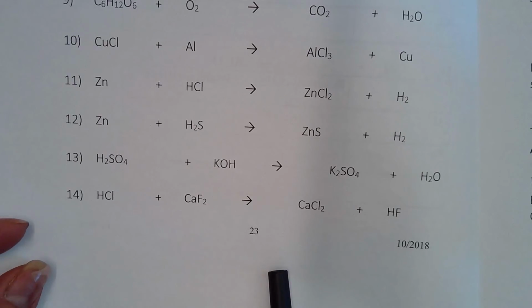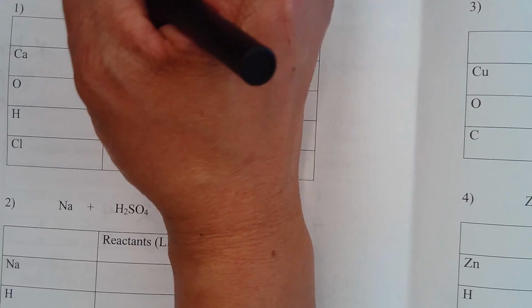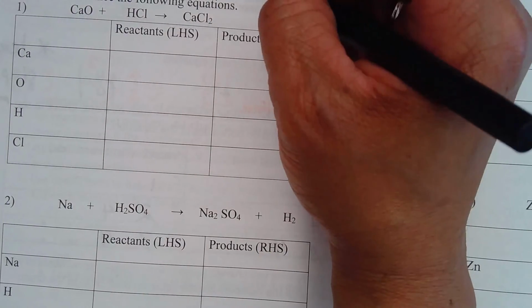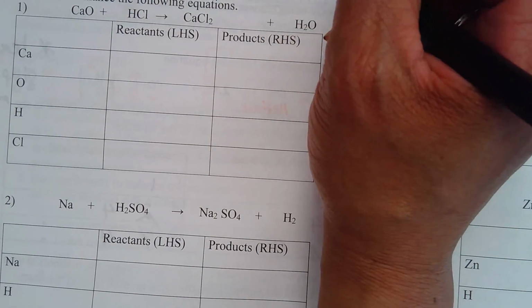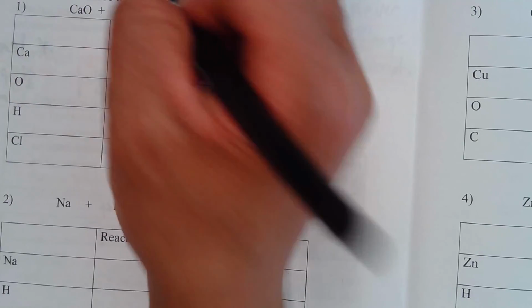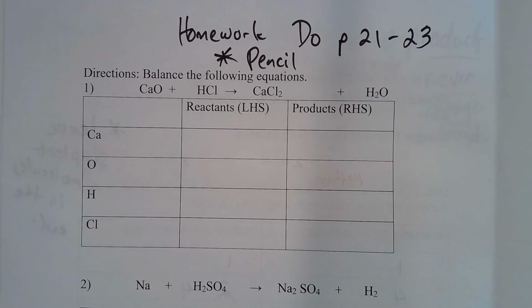Use a pencil, please. So for your homework, do pages 21 to 23. Use a pencil. Otherwise, again, we're using trial and error because you will keep erasing the coefficient as you add. So use a pencil.